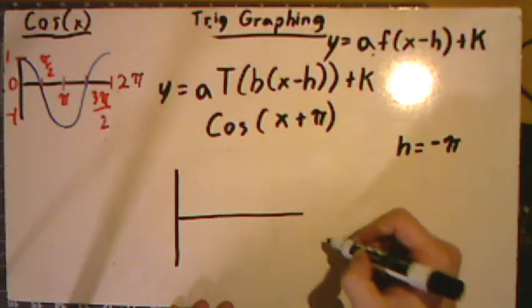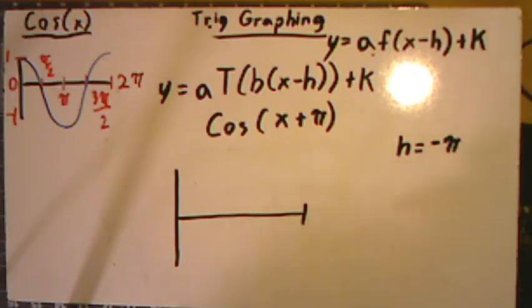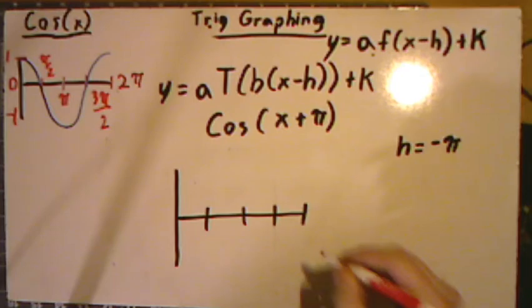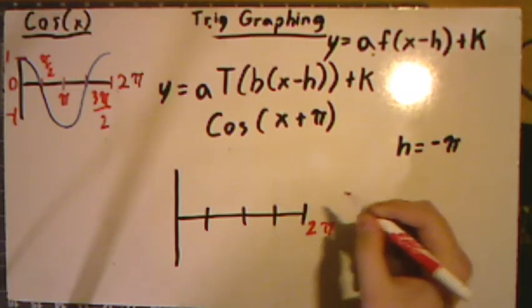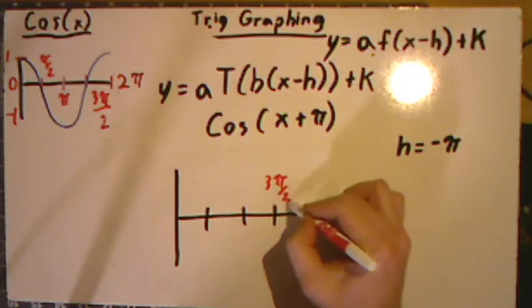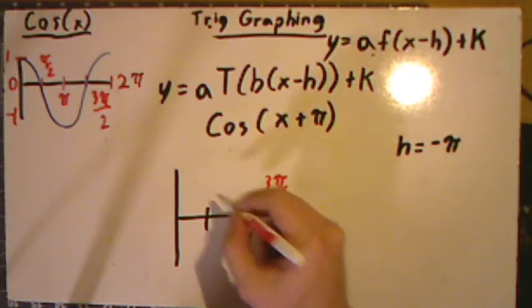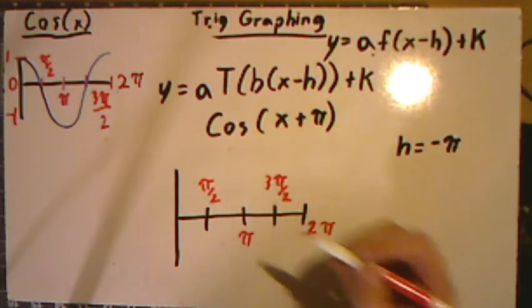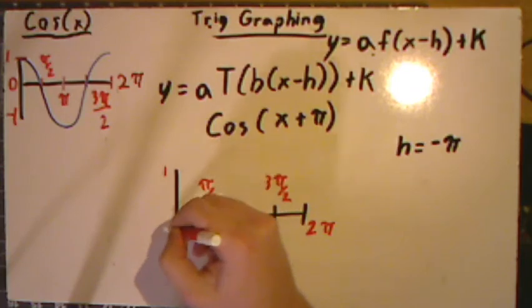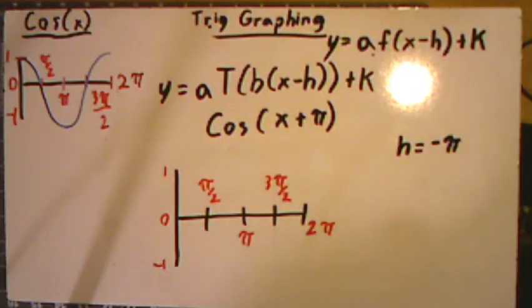So then we draw out our graph where, again, we have our 4 points of reference being 2 pi, 3 pi over 2, pi, and pi over 2. And let's see what happens. Just to also have our 1, our 0, and our negative 1.